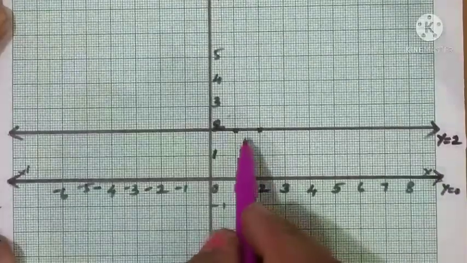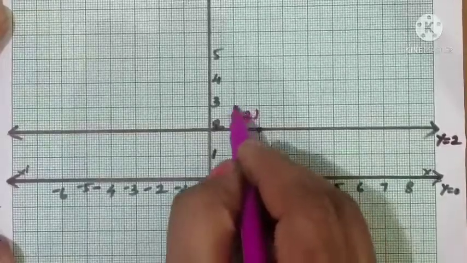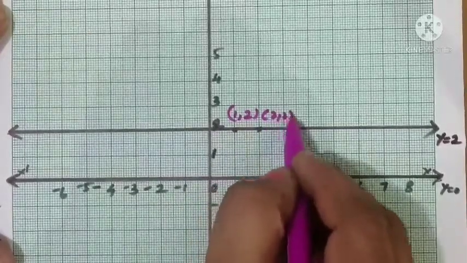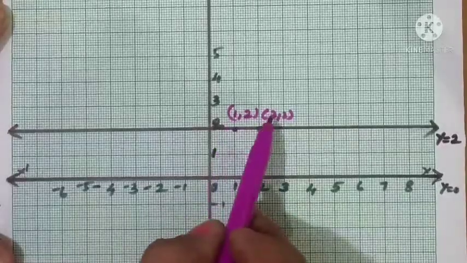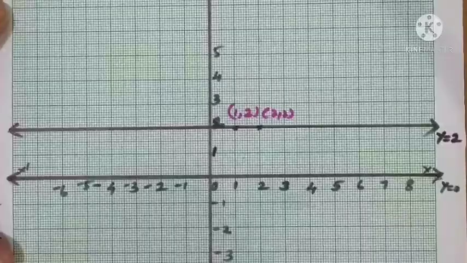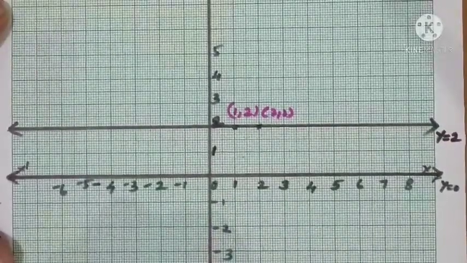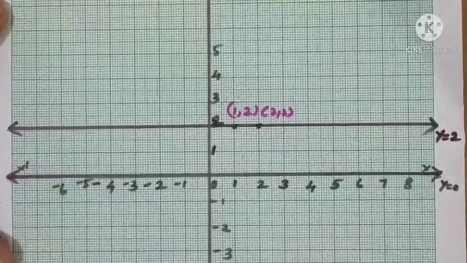Any point on this line is in the form (1, 2), (2, 2), and like that it goes. So the y value is always constant, and the line is parallel to the x-axis at a distance of 2 units from it. So this is the graph for that.